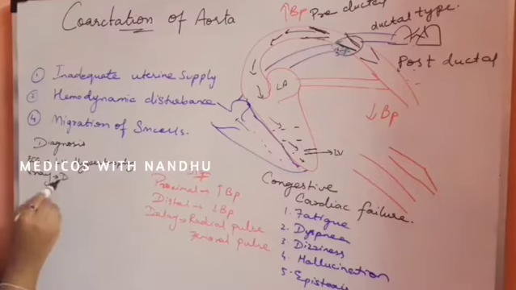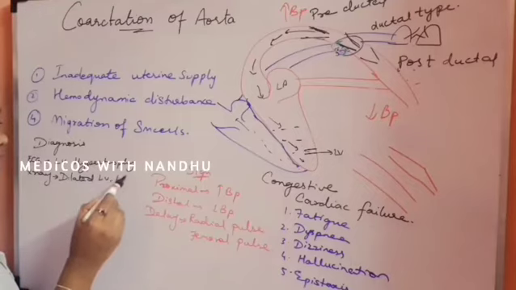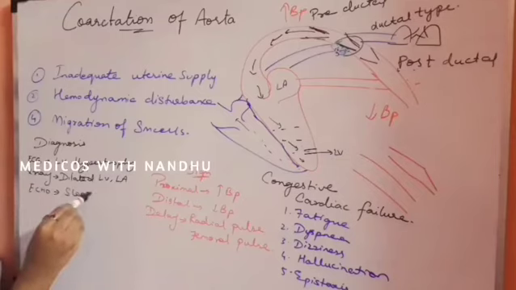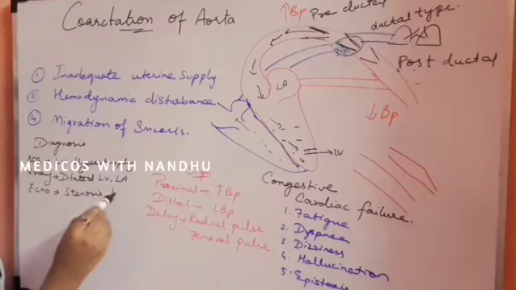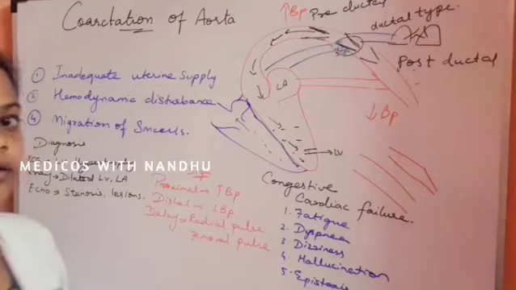Okay, dilated left ventricle and left atrium. On echo we can see stenosis and lesions. This is the diagnosis which doctors can refer to.